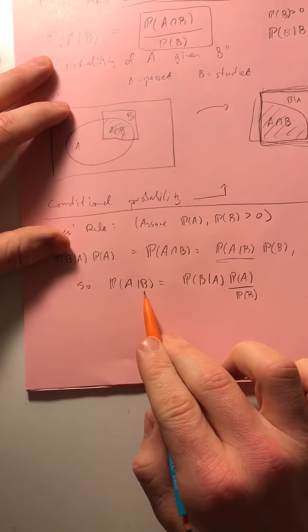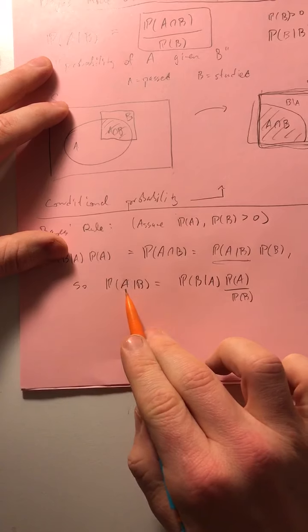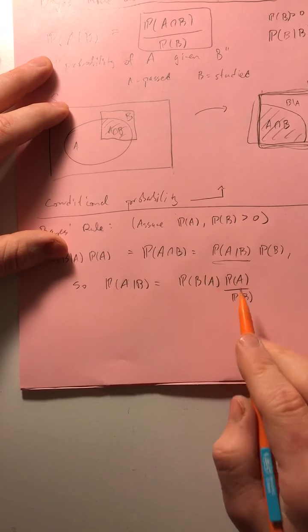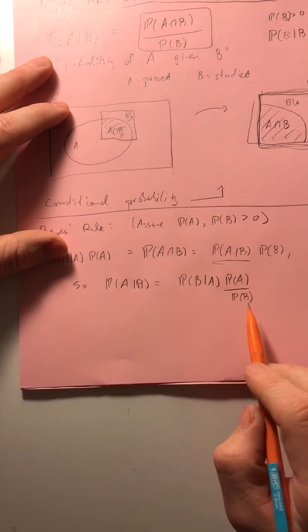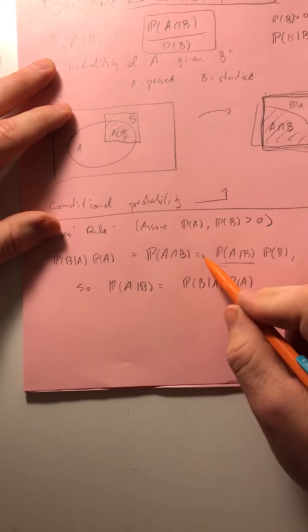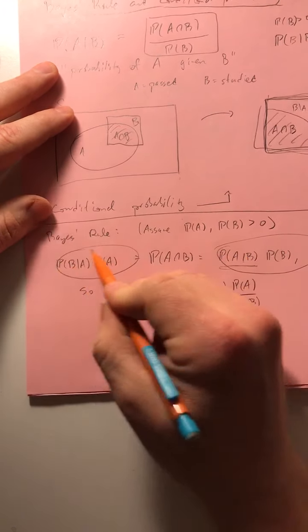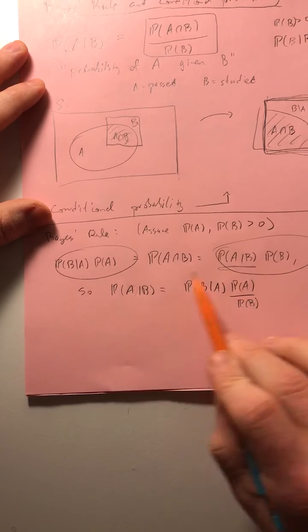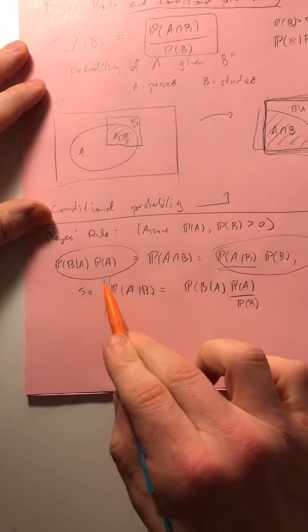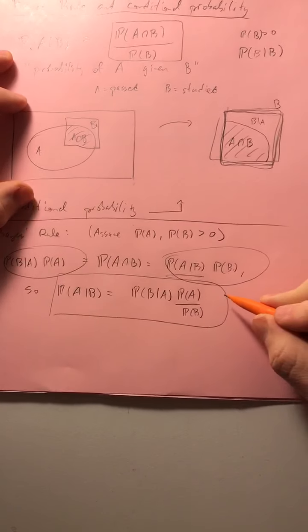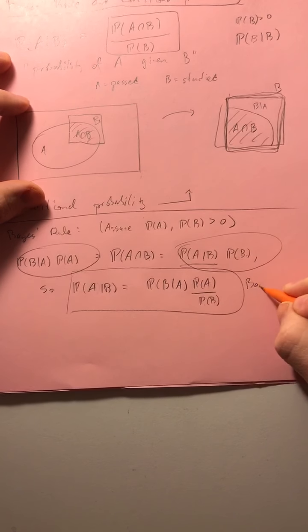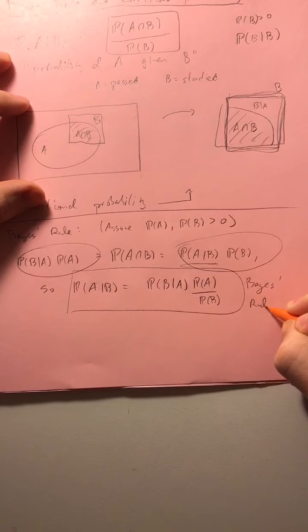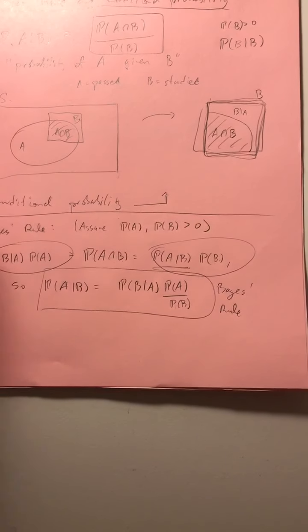So the probability of A given B is the probability of B given A times the probability of A over the probability of B, and I find that by taking these two things and solving for the probability of A given B. Just divide both sides by the probability of B, and I get this. And this is one form of Bayes' rule, named after Thomas Bayes.